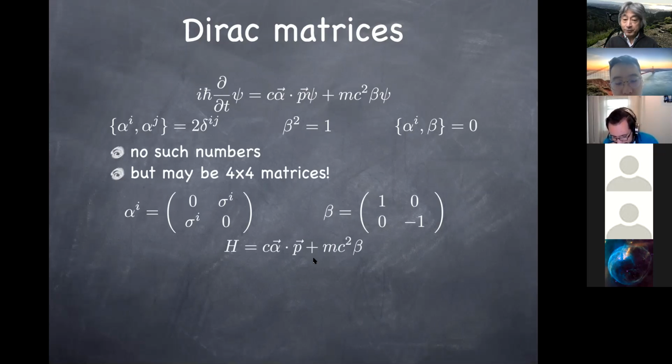And now, still trying to come up with relativistic quantum mechanics, you can identify the Hamiltonian operator, which is a differential operator because the time derivative is a derivative operator. So this is now the operator, and we regard this as a Hamiltonian. But now you can see that this is actually a spin 1/2 particle.